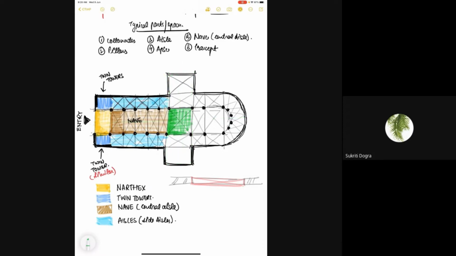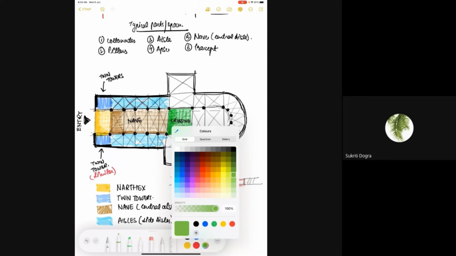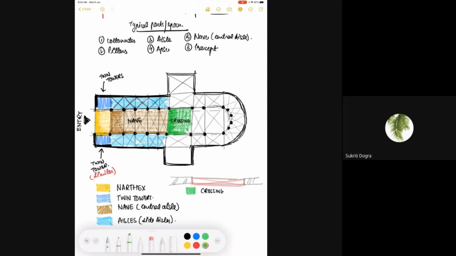But the central portion on which both the axes are intersecting each other is called the crossing. This place is called the crossing. And the part which is surrounding this area is the transept. So this whole portion all together is called a transept.